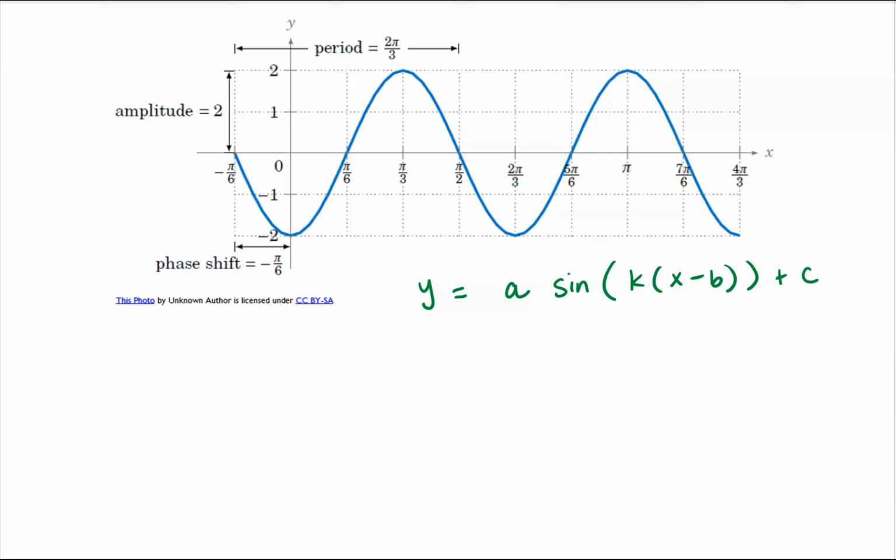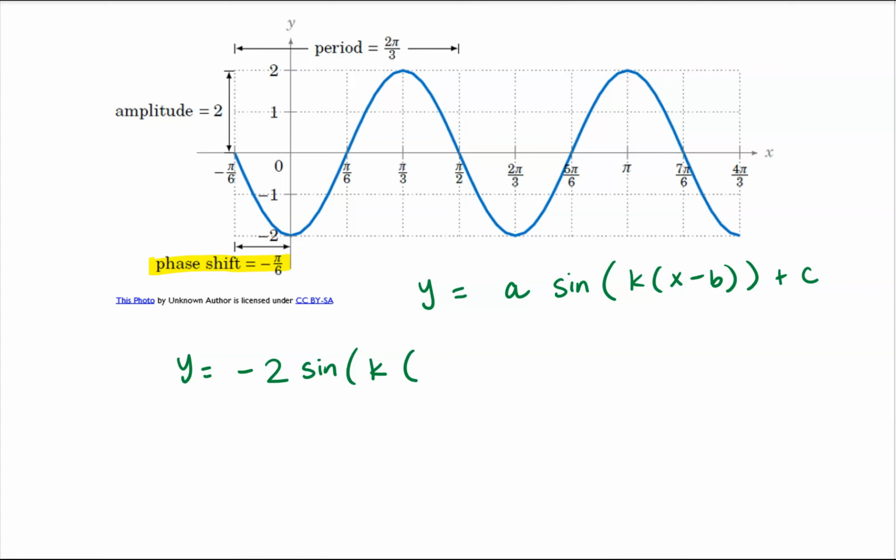All right, so let's deconstruct each of these parts. So we have y equals, we know our amplitude is 2, and I said earlier that there is a reflection happening over the x-axis, so it turns out that the a value needs to be negative 2, and we have sine of, let's take a minute to think about what k is. We'll come back to that. And we know here that the phase shift is negative pi over 6.